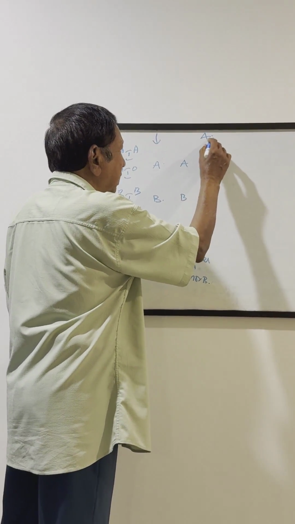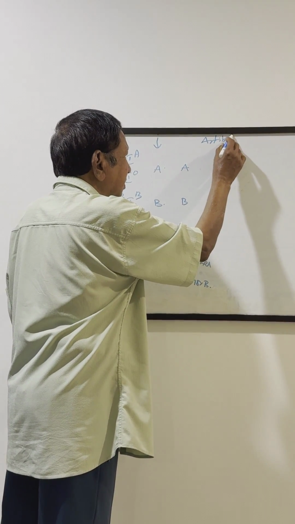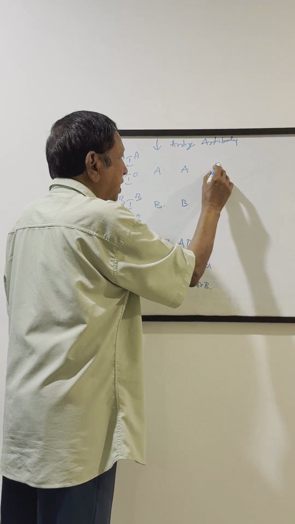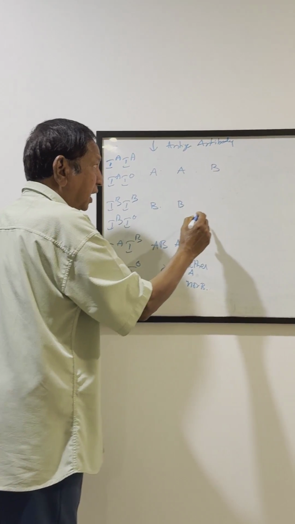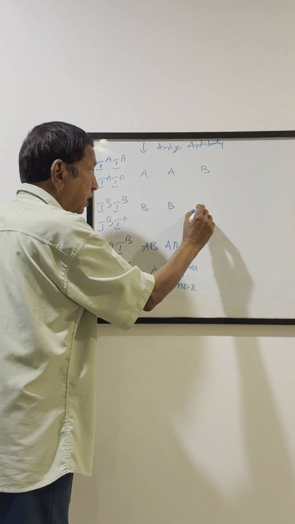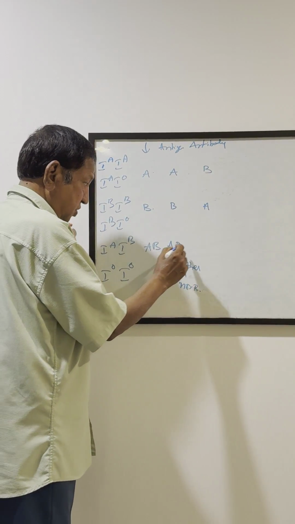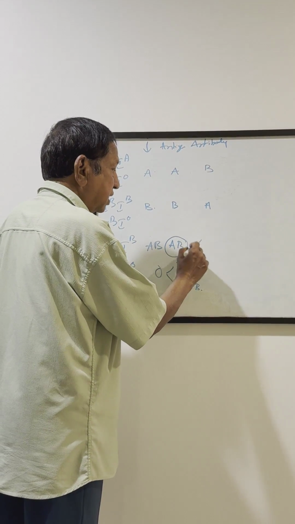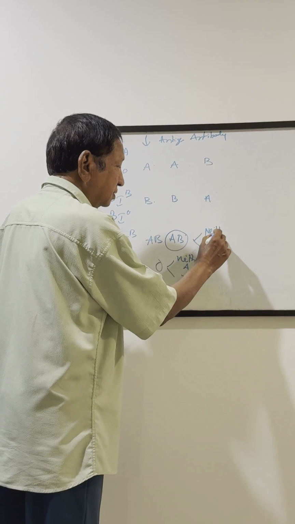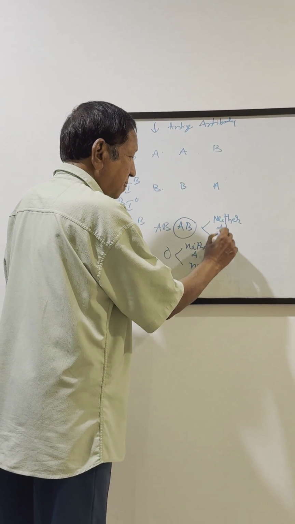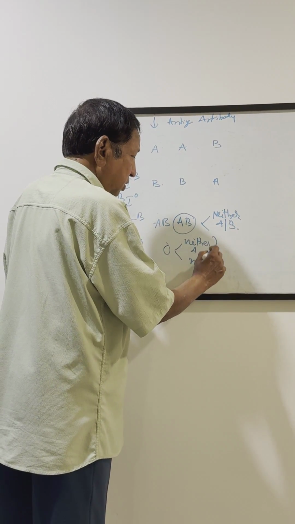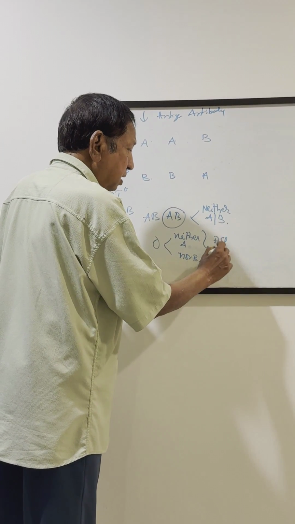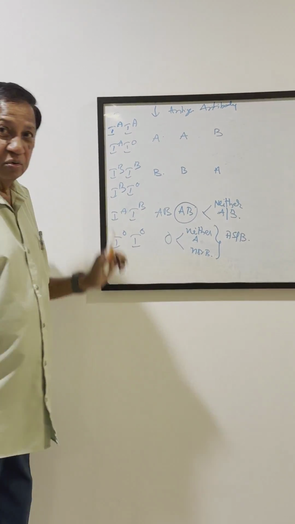Coming to the antibody, the above is the antigen. Now, A group will have antibody B, and B group has antibody A. These are the ones having neither A nor B. Now these are the ones having both antibodies A and B, for O group.